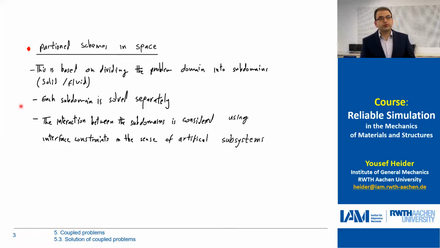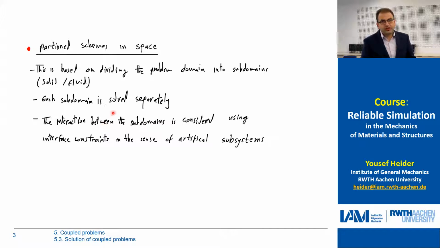And we will talk a little bit about the partitioned scheme in space. This is based on dividing the problem domain into subdomains. We have seen last time when we talked about the surface coupled problem, we had a distinct subdomain or space for the structure, and also a distinct subdomain or space for the fluid, and then we also had the interface.